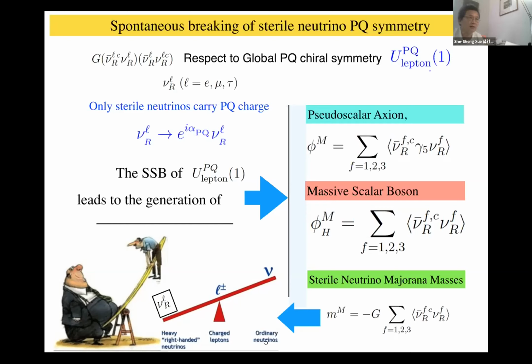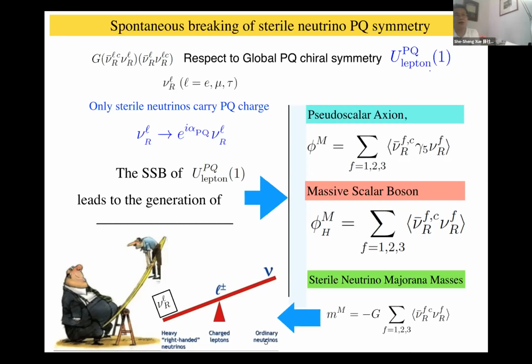This is one of the dark matter candidate particles we're discussing. Now, after this Higgs mechanism is applied to the sterile neutrino, generating the Majorana mass of the sterile neutrino, two composite particles appear exactly like in the Higgs mechanism.